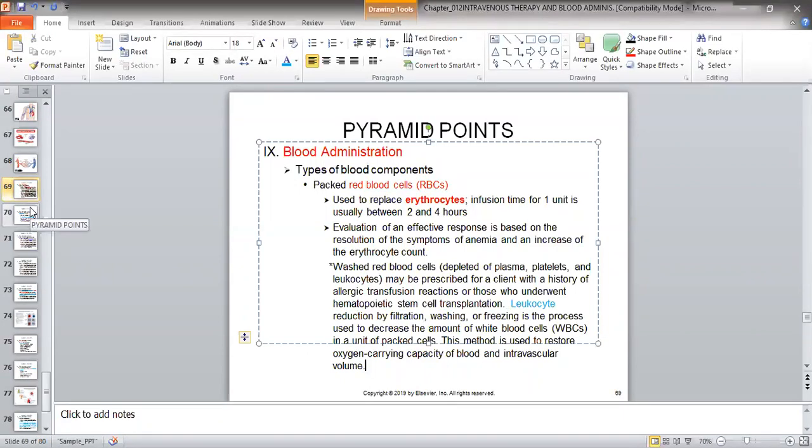So when a patient needs the blood transfusion, we have to follow some rules and regulations. Okay, so what are they? Keep in mind, sometimes NCLEX would ask what must be received before a transfusion starts.